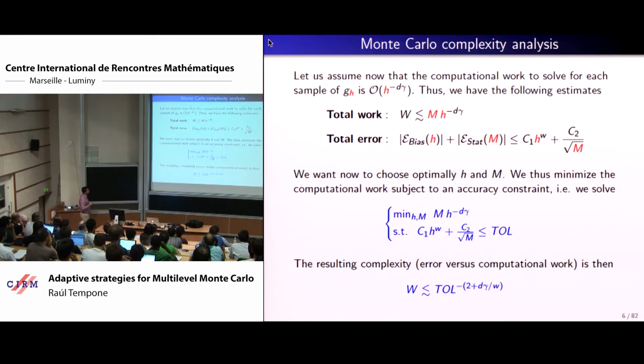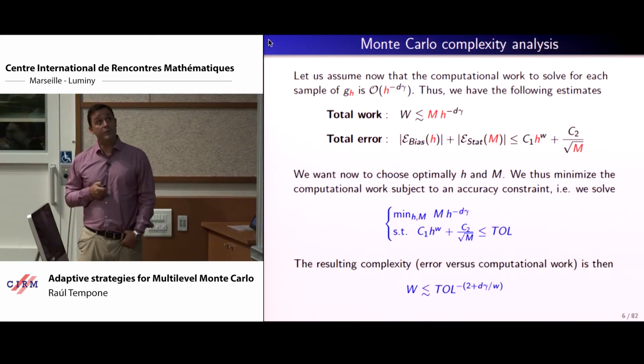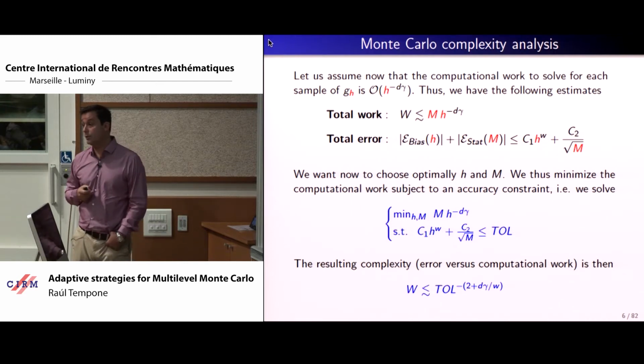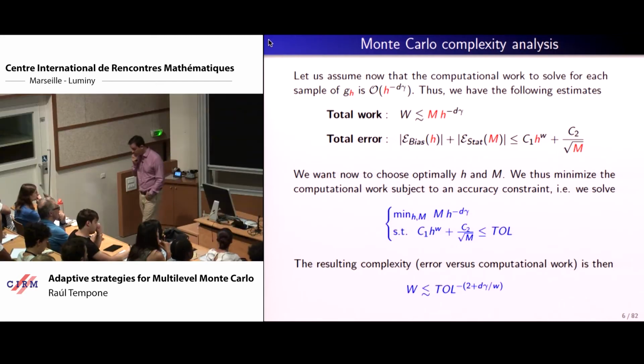The total error constraint, again in probability, because this was analyzed in probability, is the sum of the bias plus the statistical error. The bias was governed by this, the statistical error is governed by that. And the total work, naturally, is what? It is a product between the number of samples that you have to solve for times the expected cost per sample.